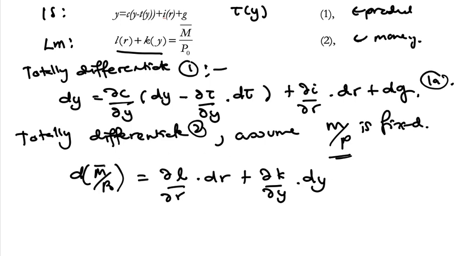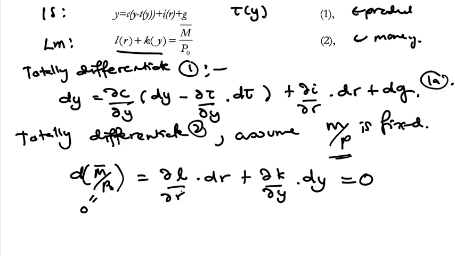And remember, we assume real money supply is fixed. Therefore, you look at d(M/P). This one means change, so there is no change. So what's the value of d(M/P) when money supply is fixed? When there is no change, you should equate it to 0. That means the whole thing here equals 0.